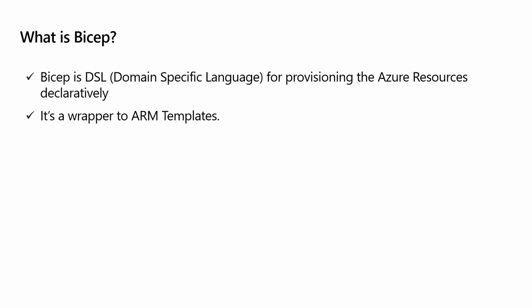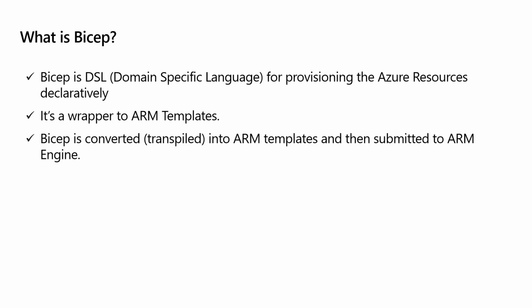Bicep is a kind of wrapper on top of ARM templates. Basically, Bicep will be converted into ARM templates. So this conversion is called as transpilation. And once the Bicep code is converted into ARM templates, those will be submitted into ARM engine.